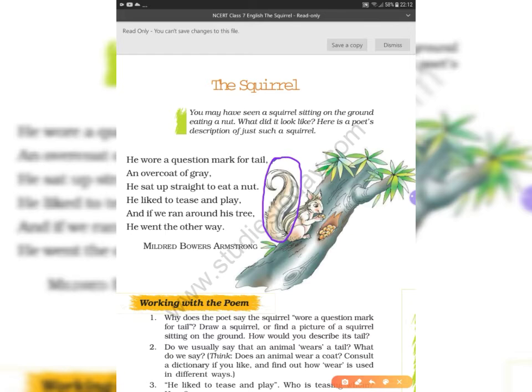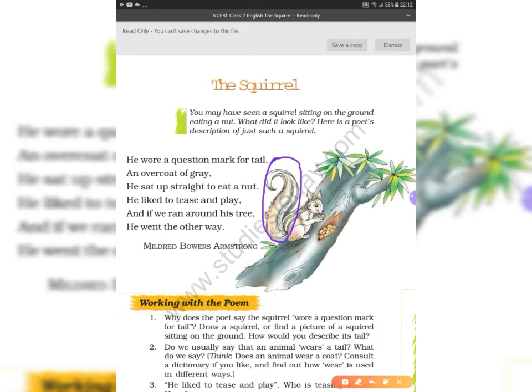We can see how a question mark tail angle is formed here. That is exactly the notion the poet saw in the tail, how beautifully its angles are made, and it looks very pretty.